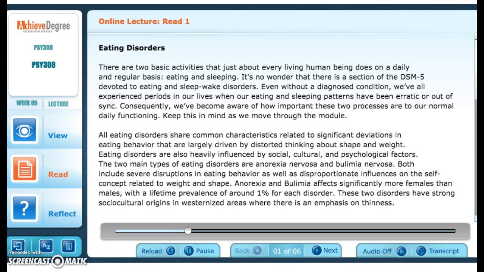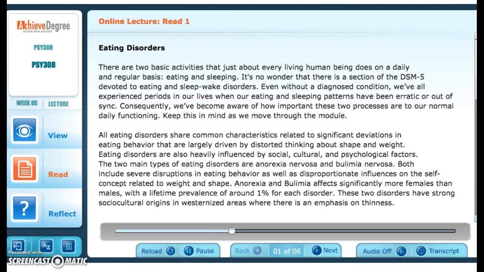All eating disorders share common characteristics related to significant deviations in eating behavior that are largely driven by distorted thinking about shape and weight. Eating disorders are also heavily influenced by social, cultural, and psychological factors. The two main types of eating disorders are anorexia nervosa and bulimia nervosa.